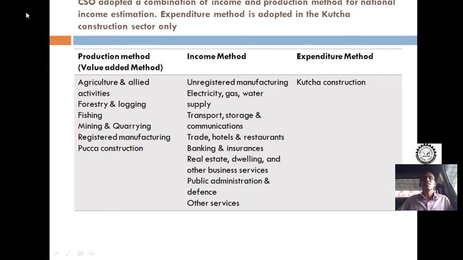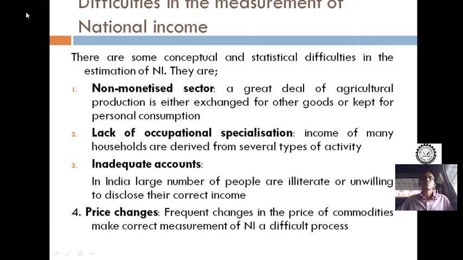The income method is employed in the case of unregistered manufacturing, electricity, gas, water supply, transport, storage and communications, trade, hotels and restaurants, banking and insurance, real estate, dwelling and other business services, public administration and defense, and other services including education, health. The expenditure method is employed only in the case of kacha construction. Thus, in India, a mixed method is employed for the measurement of national income.